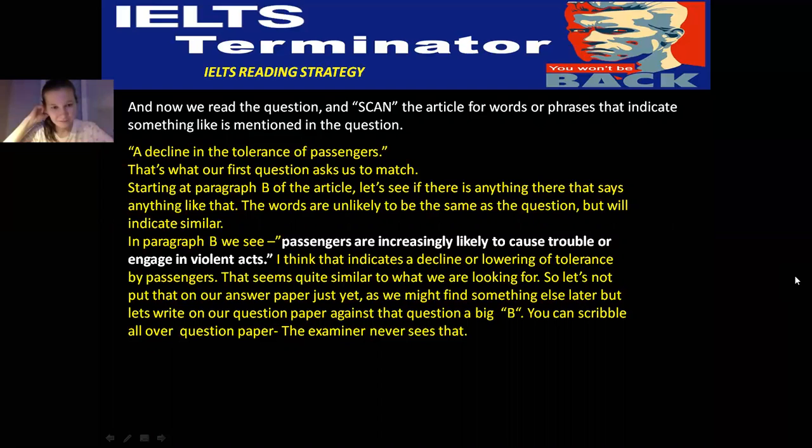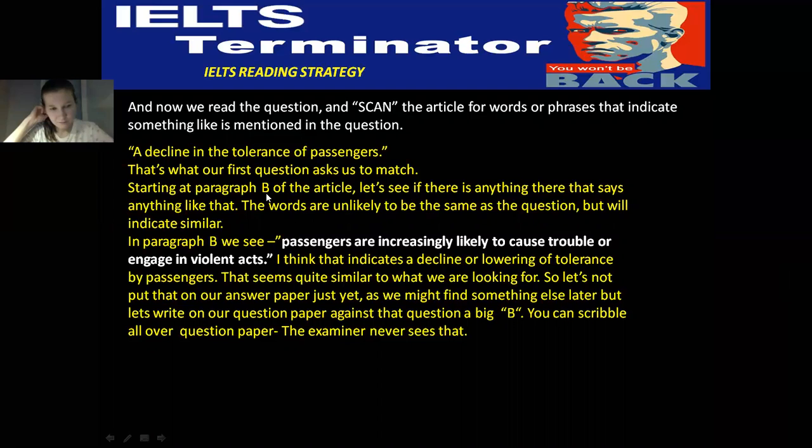It might not be exactly the same wording as in the question, and often it's not. So we're saying, okay, a decline in the tolerance of passengers is what it says in the question. So that's what our first question asks us to match.